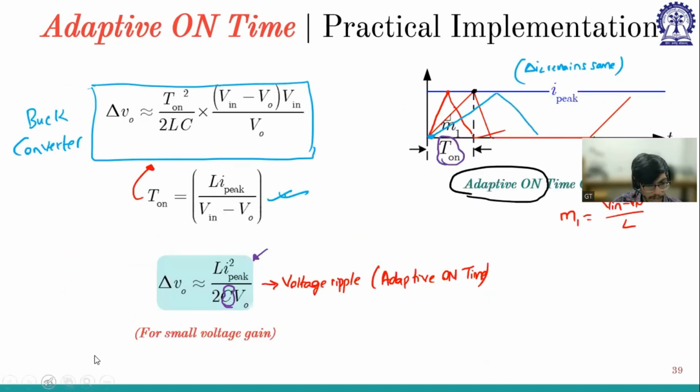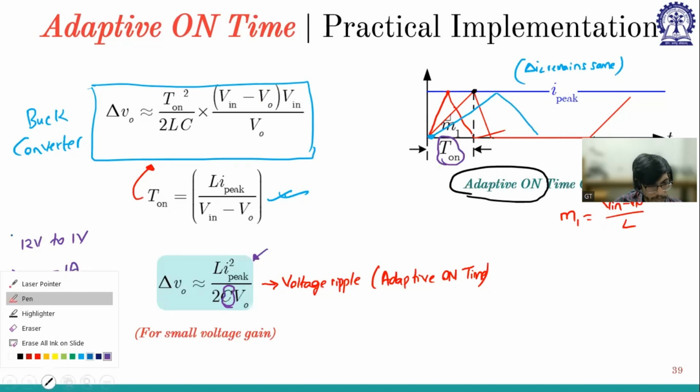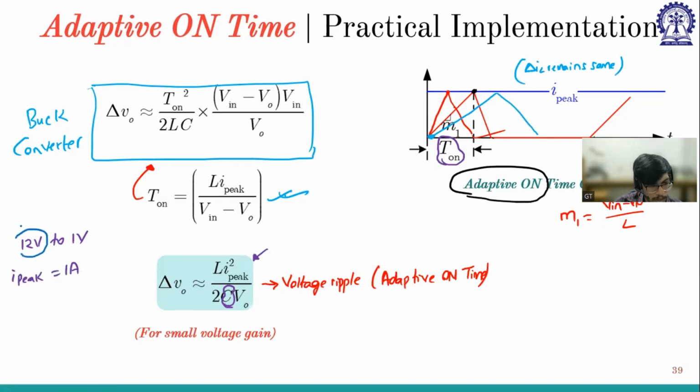Say I am considering a 12 volt to 1 volt buck converter, and I need I peak to be 1 ampere. Usually the input varies from say 8 volt to 15 volt.